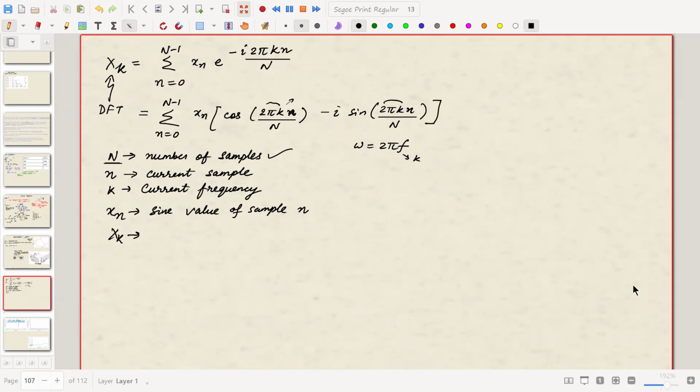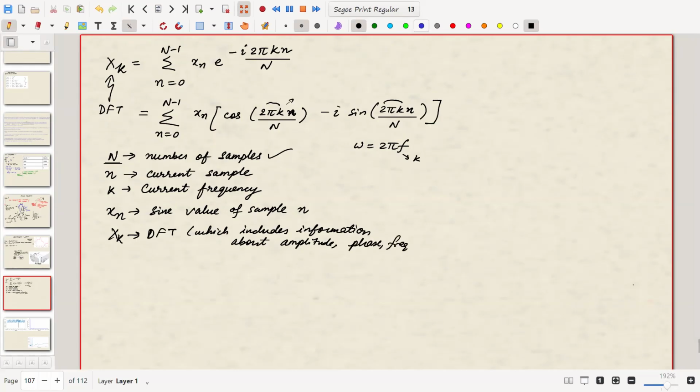So what is X_k? Capital X_k, as I told you, is the DFT. That's the output, the discrete Fourier transform, what you expected. This includes information about the magnitude, which is nothing but amplitude, the phase it has, and also the frequencies.